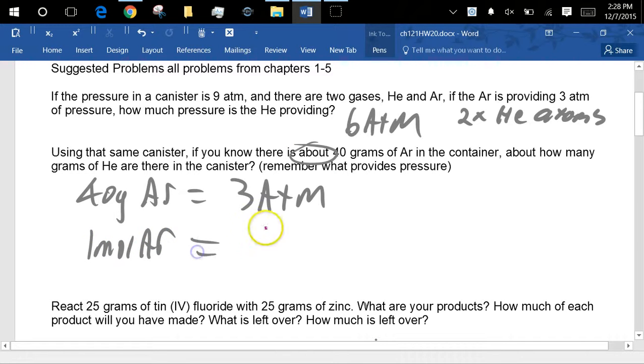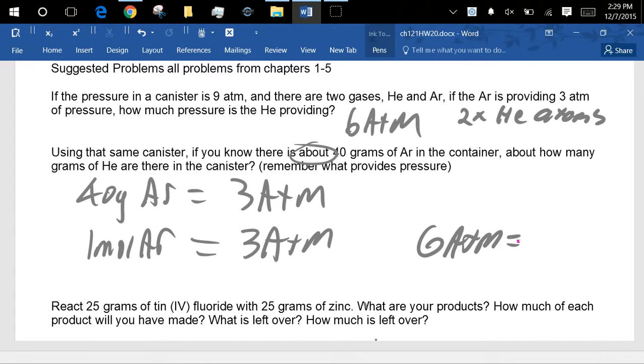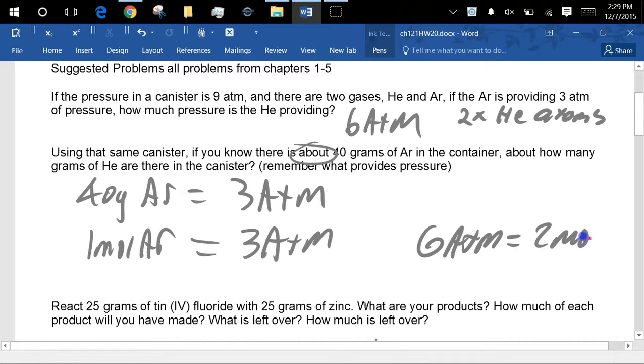So if 1 mole of argon equals 3 atmospheres, then how much is 6 atmospheres equal to in moles? It could be anything, 2, right? In this container, 1 mole equals 3 atmospheres, just based off of the temperature and the size of the container. And so if I've got the same container, but something is providing 6 atmospheres, there must be twice as many of them. So then this is going to be 2 moles.